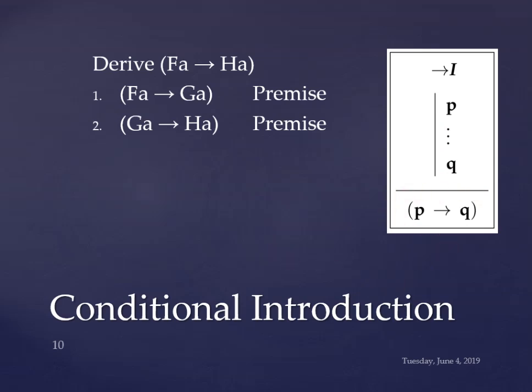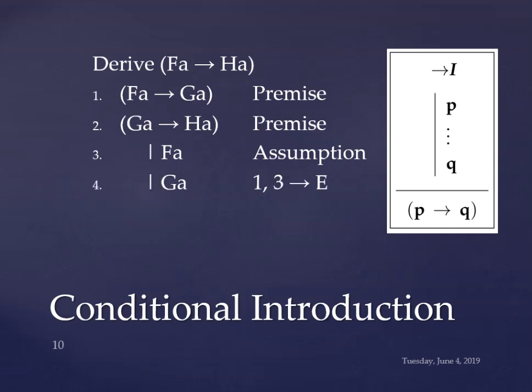So that's what we do here. We assume our antecedent, and so we start a new assumption. That's what this line means here. I'm starting an assumption, I'm starting a subderivation. Now I can work my way to HA using the familiar conditional elimination rule. So from lines 1 and 3, I can derive GA.